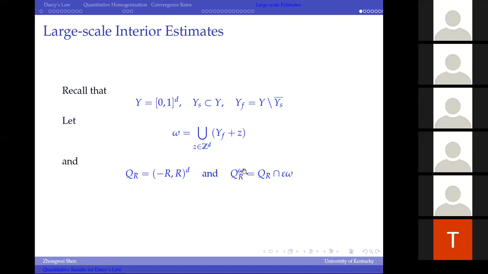That means Q_r epsilon. Okay. So again, small omega is an unbounded domain: just the unit cell with the obstacle removed, repeated. And then you look at a large cube and take the intersection with small omega.